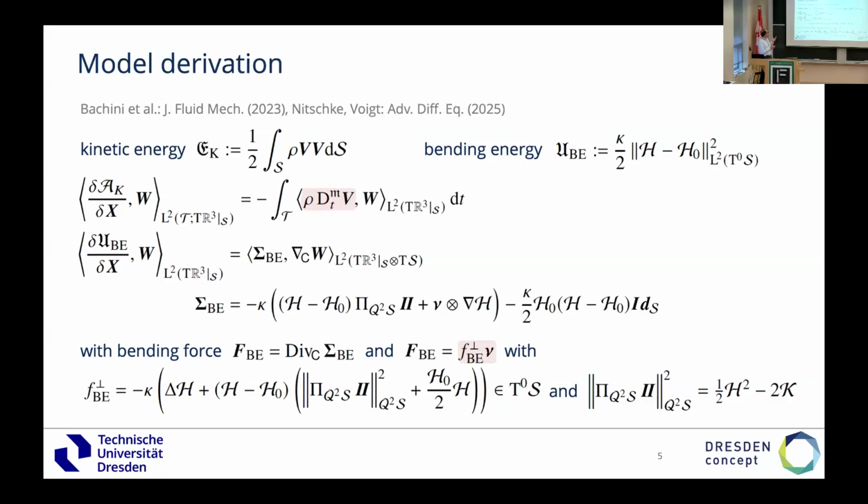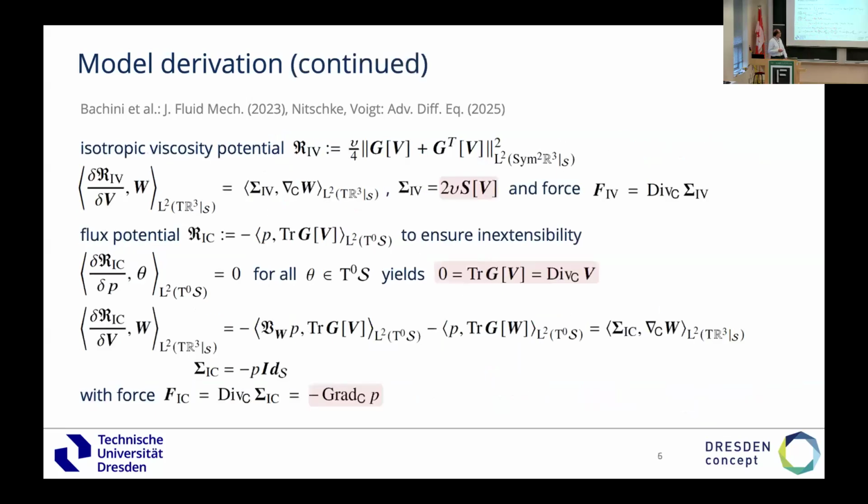And the variation of this with respect to the state variable, we get some stress, and the component-wise surface divergence of the stress gives us a force, and this force acts only in normal direction. If we write this out, we get this usual form from the variation of the bending energy. Now, besides these energies, we need some flux potential, and here we specify an isotropic viscosity potential.